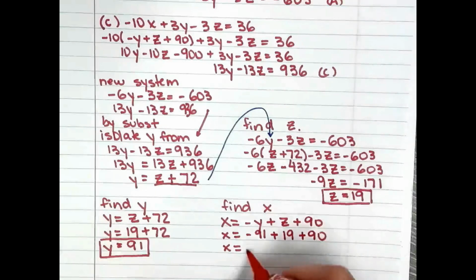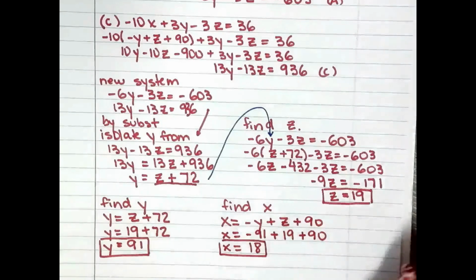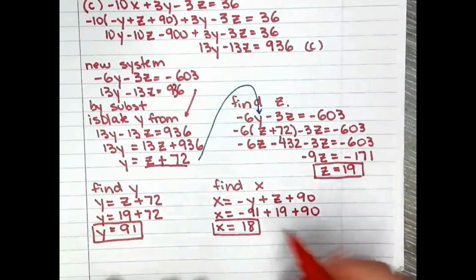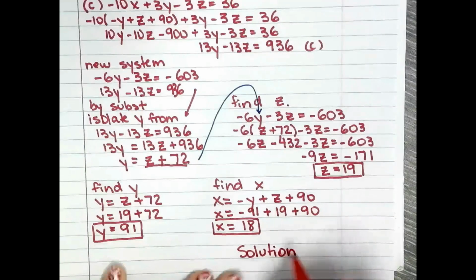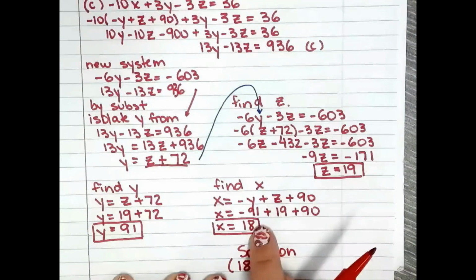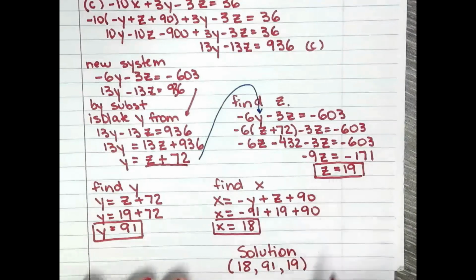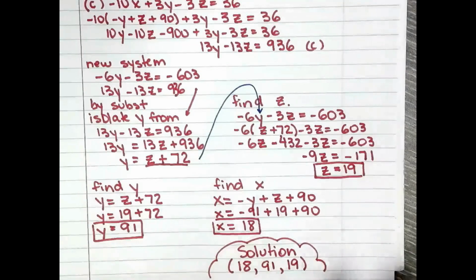Add them all up. Easy. This whole thing is not easy. Each question will take you about 5-10 minutes after you get the hang of it. But it's okay. You got this. So x is 18, y is 91, and z is 19. I believe in you guys. Keep working.